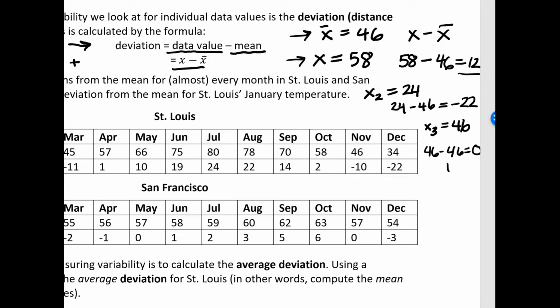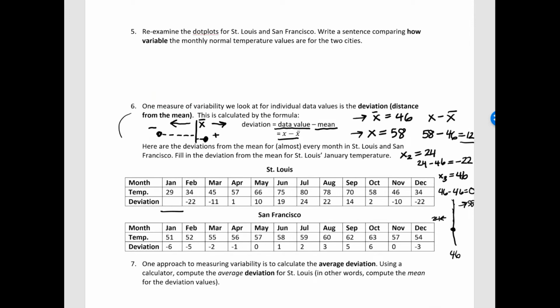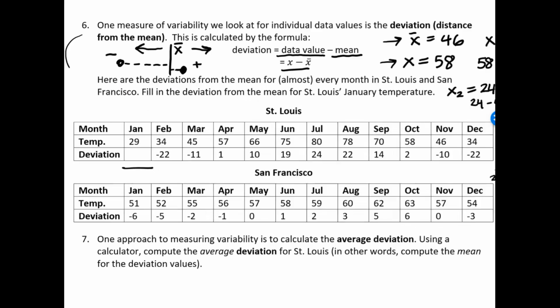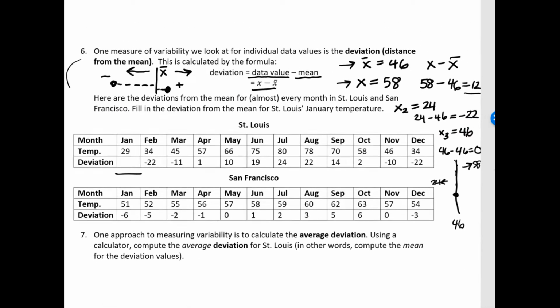Because in that case, if we're imagining that mean of 46, 58 is way above, 24 is way below. Where does 46 fall? It's right on top of it. If it's right on top of it, then there's no distance between them. There's zero distance. Okay?